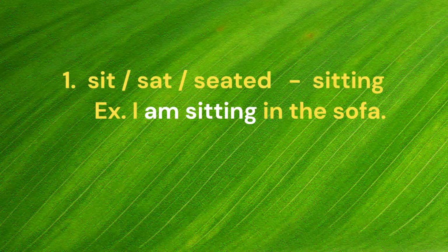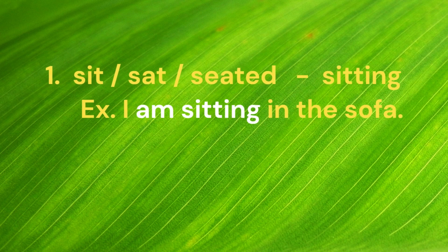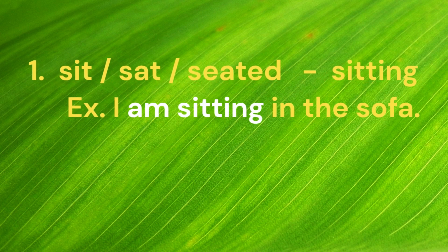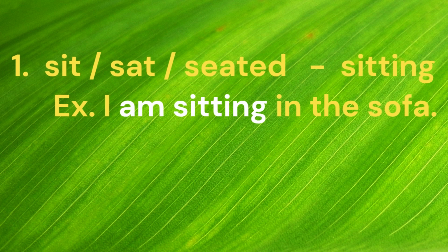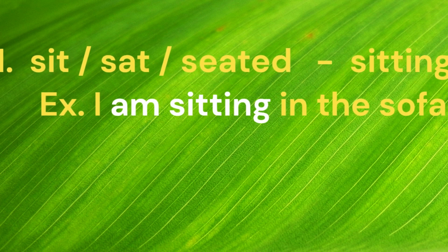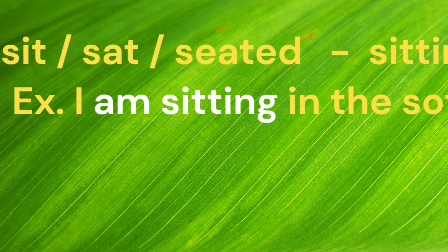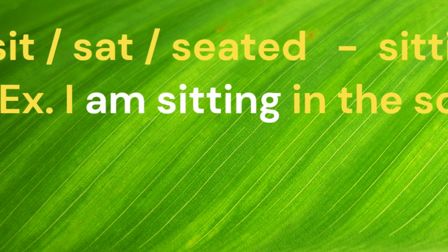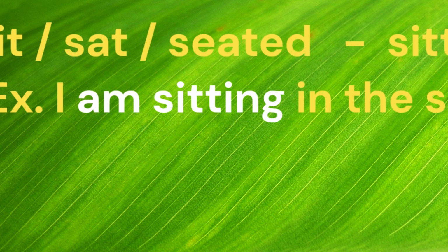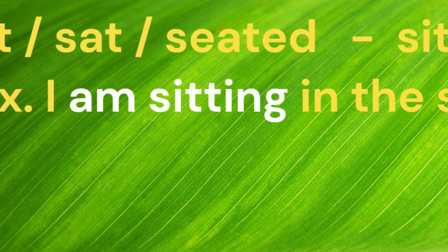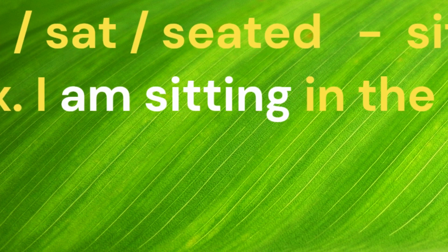The first word is sit, and the 3 forms of it are sit, sat, seated, and the noun form of it is sitting. The example for the same is I am sitting in the sofa.